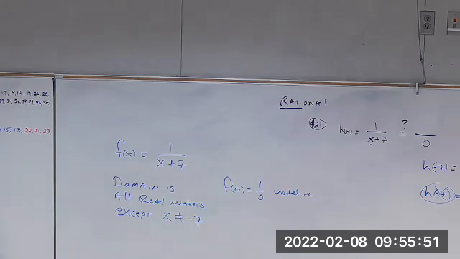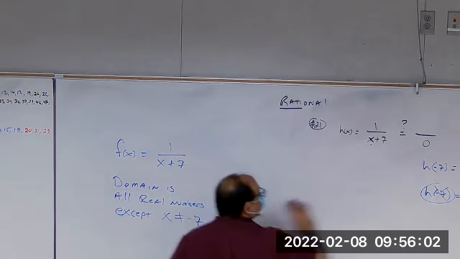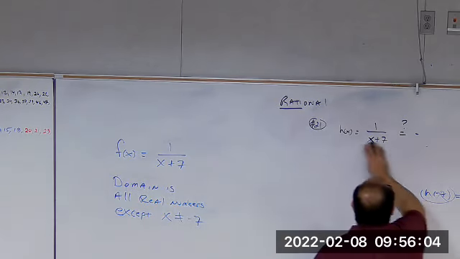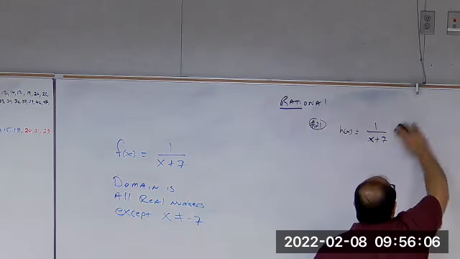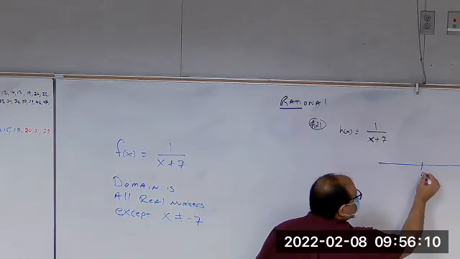Okay. Now, draw a picture of this number line. On a number line, it looks like this. So you can't use -7. So if I was going to graph a number line, there's my 0.